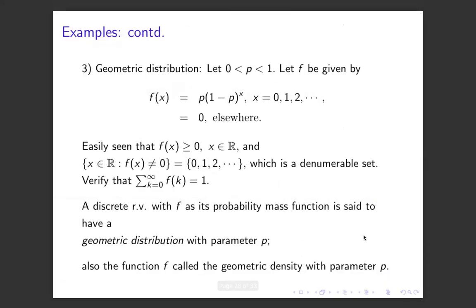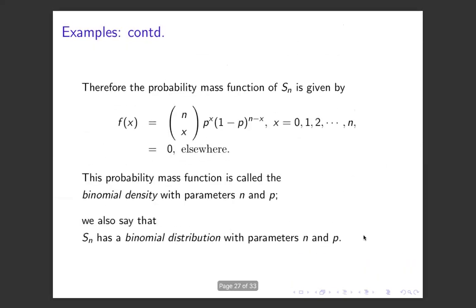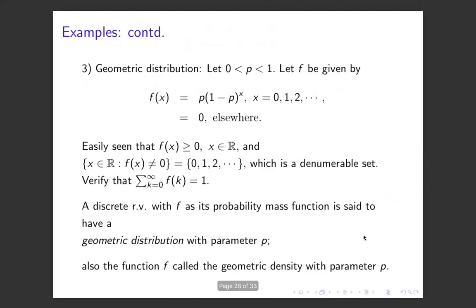The geometric distribution. Let p be a number strictly between 0 and 1.